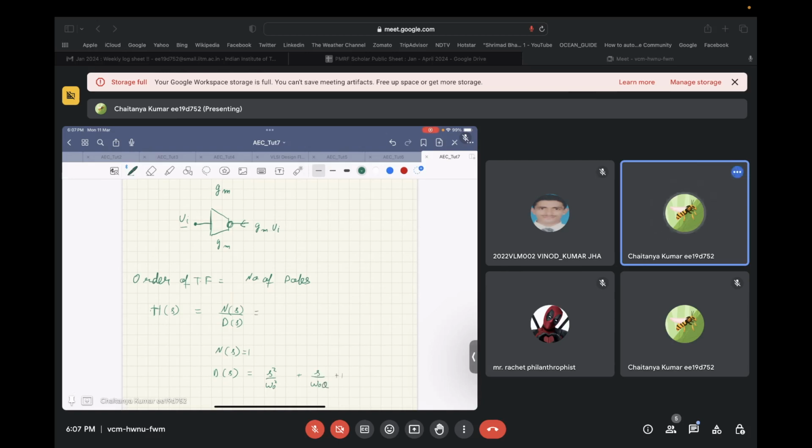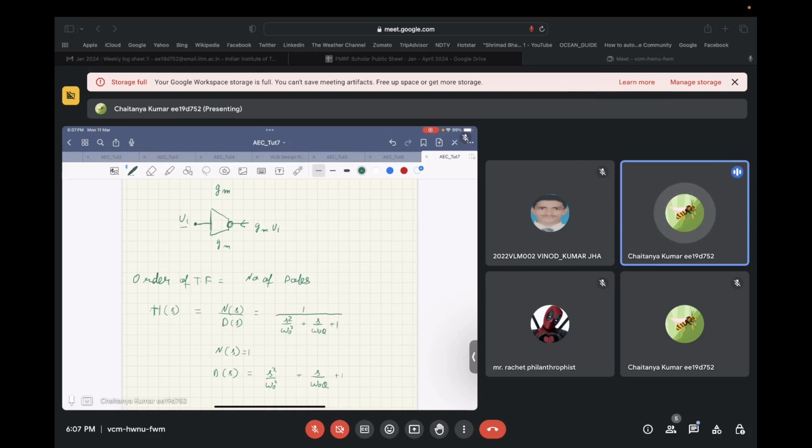So H(s) can be written as 1 divided by s squared upon omega naught squared plus s upon omega naught Q plus 1. Correct?